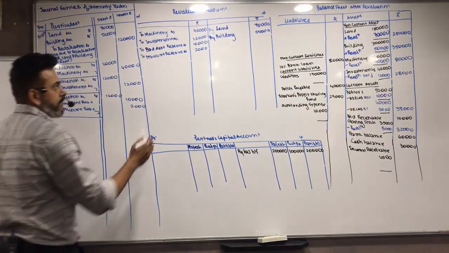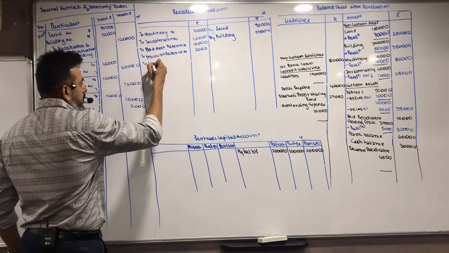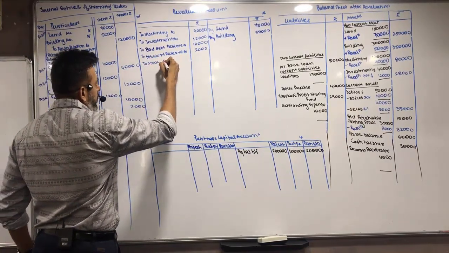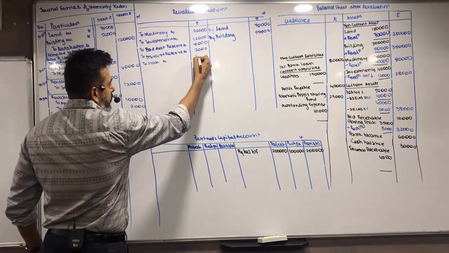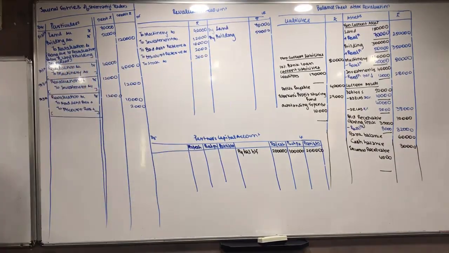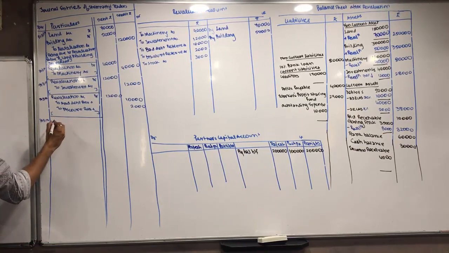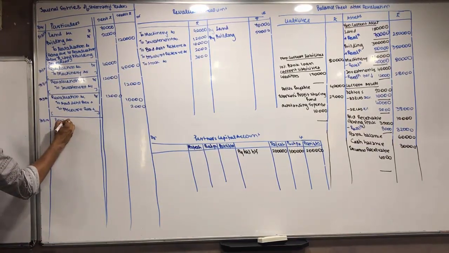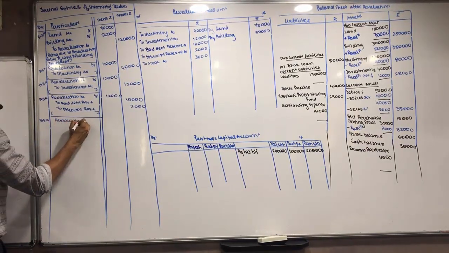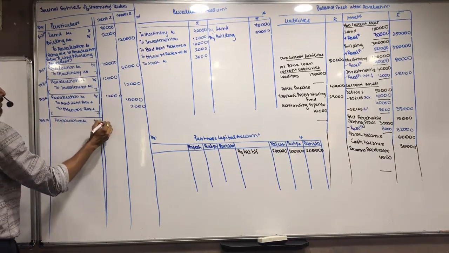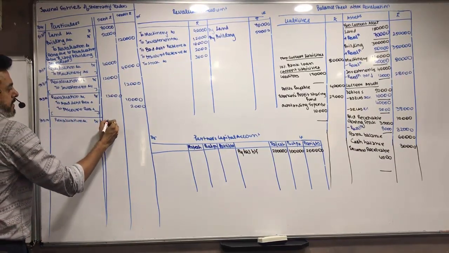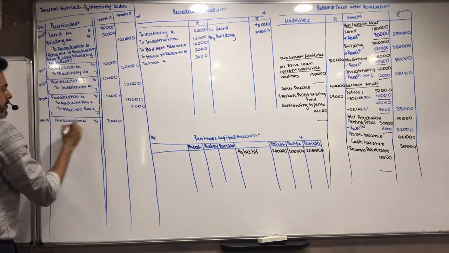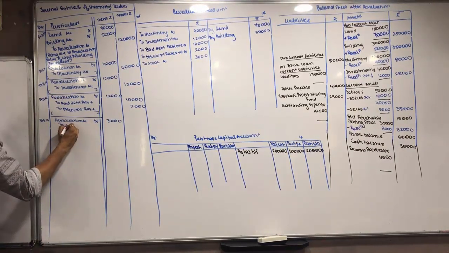Second effect, to stock decrease in the value, so on the debit side 3,000. Revaluation account debit 3,000 to stock account.